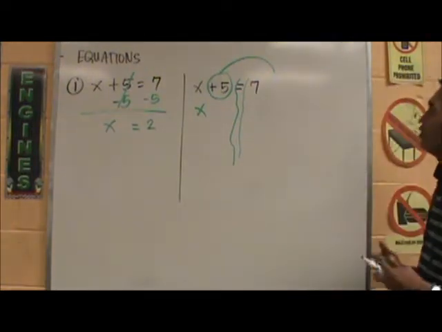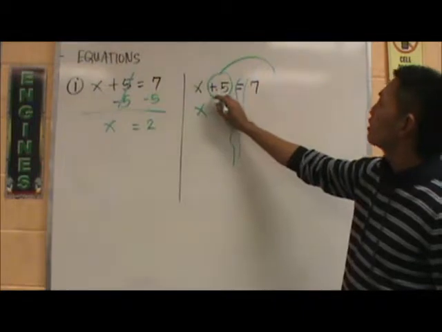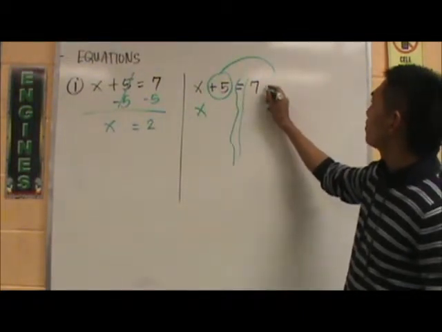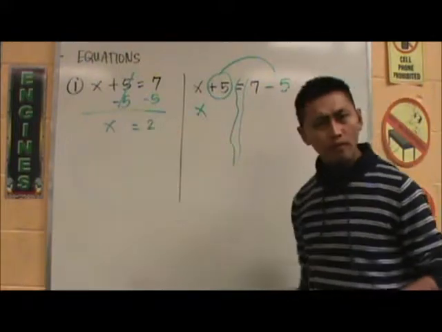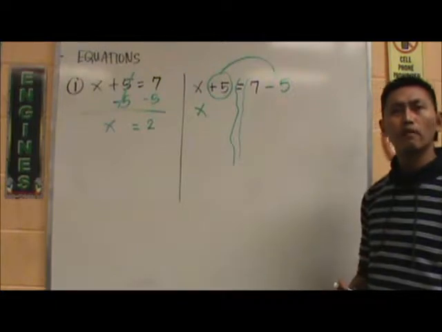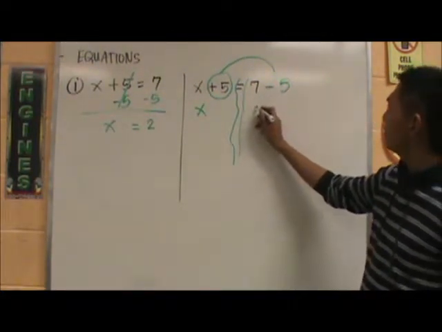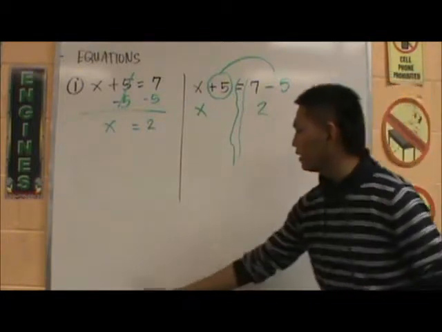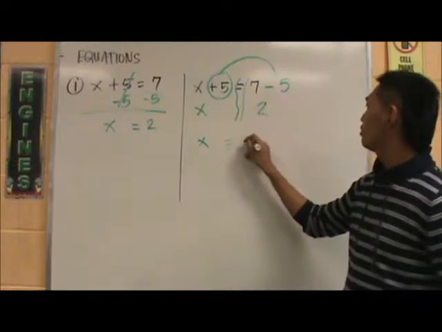Every time you move a number over the bridge, that plus 5 becomes the opposite, the additive inverse of plus 5. So now you have 7 minus 5 is 2, and your final answer is x equals 2.